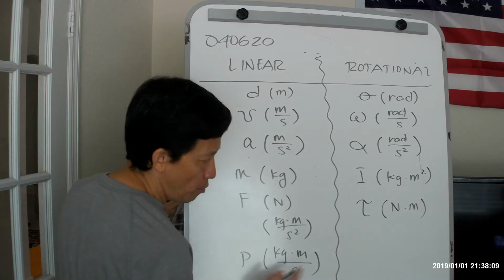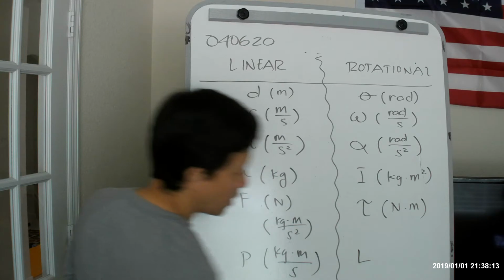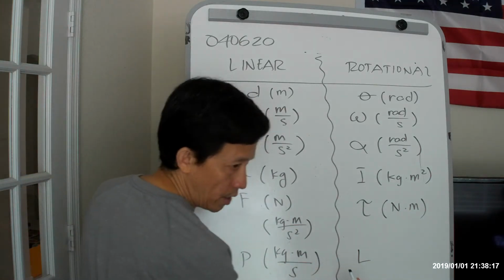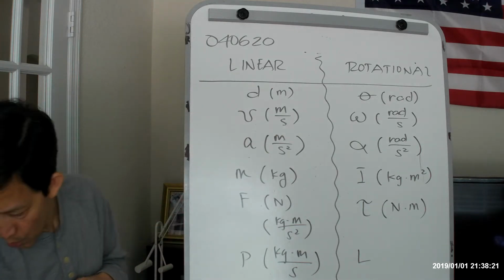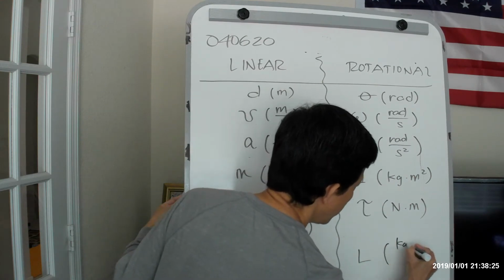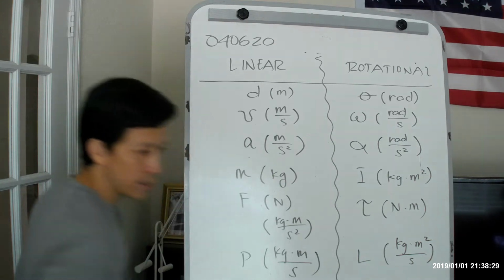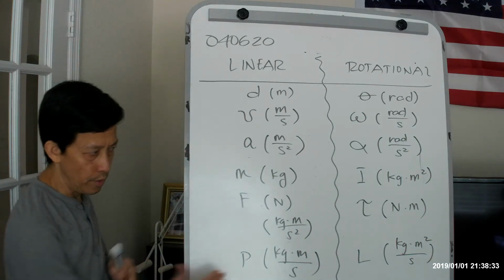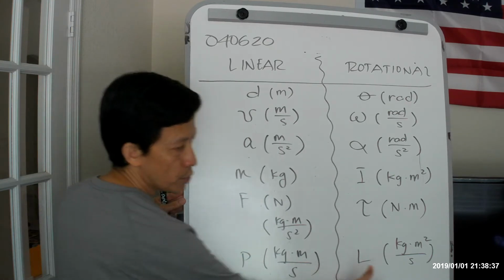Now for angular momentum, this turns into L. The unit is kilogram meter squared per second. Okay? So this is the basic, linear to rotational.